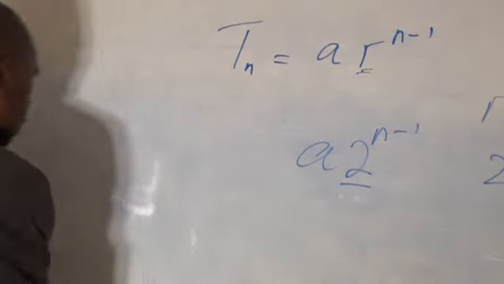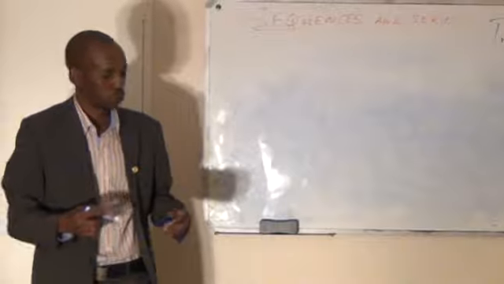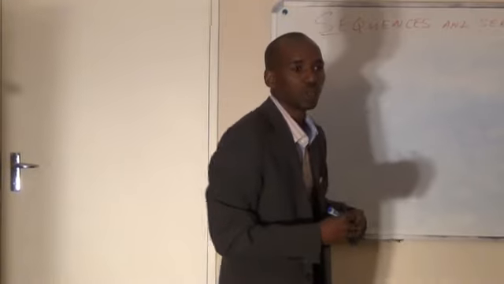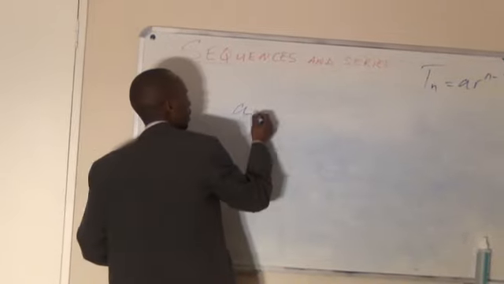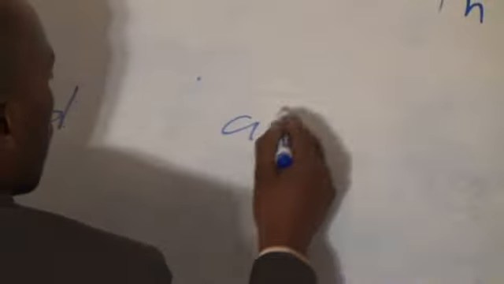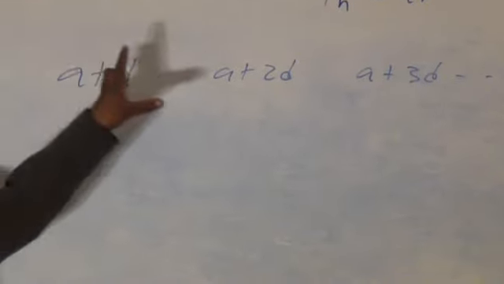Right? Let's finalize the aspect of sequences by agreeing on something. I'm going to tweak your brain a bit and you answer me. We looked at an arithmetic sequence and we say we have a, a plus d, a plus 2d, a plus 3d, etc. We have a first term, then we add the common difference.